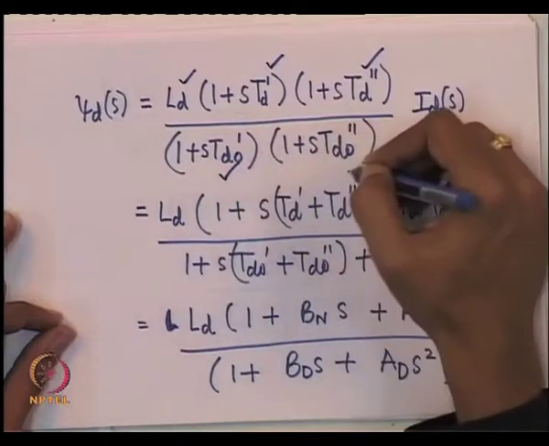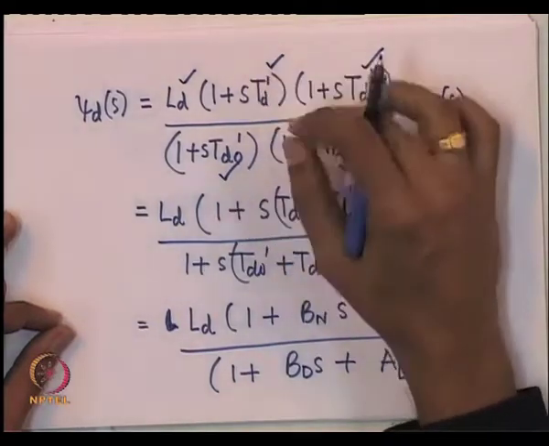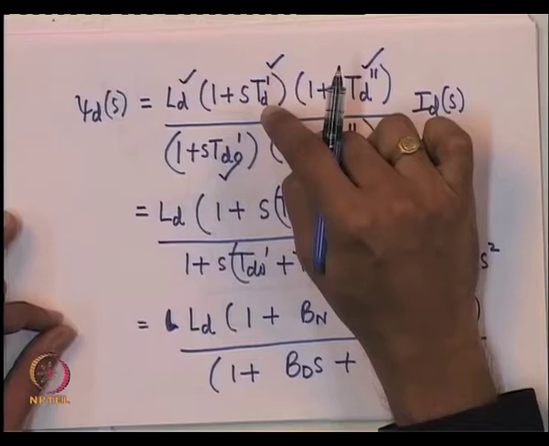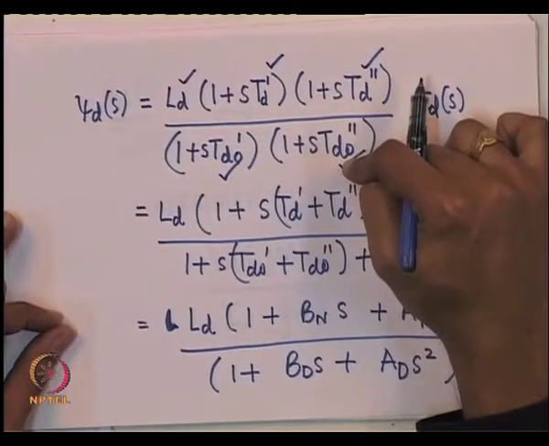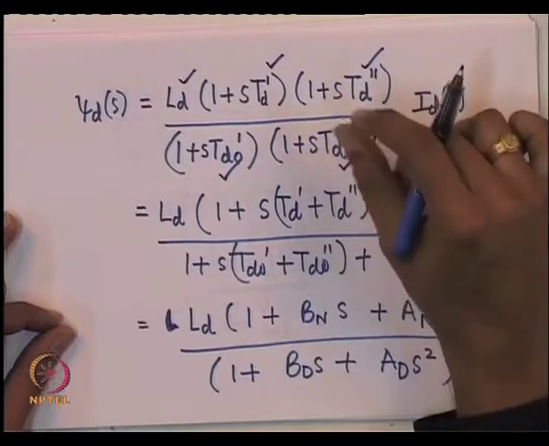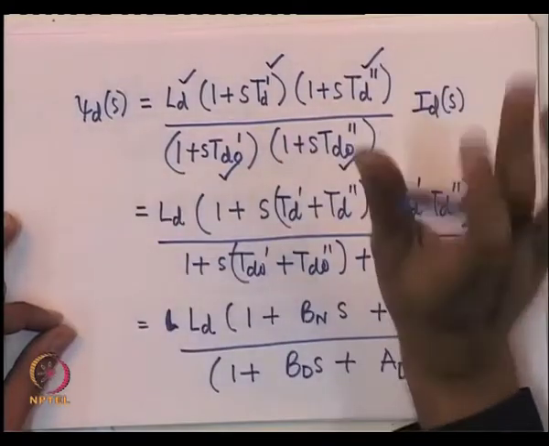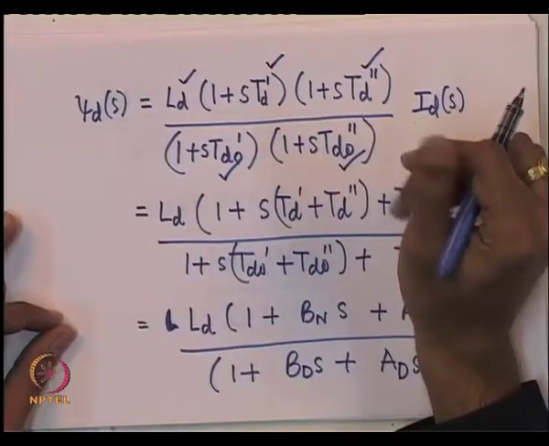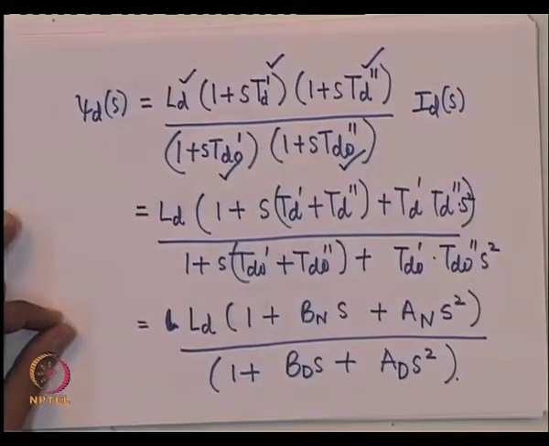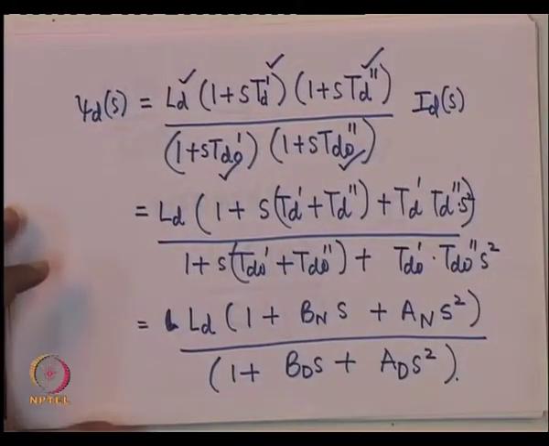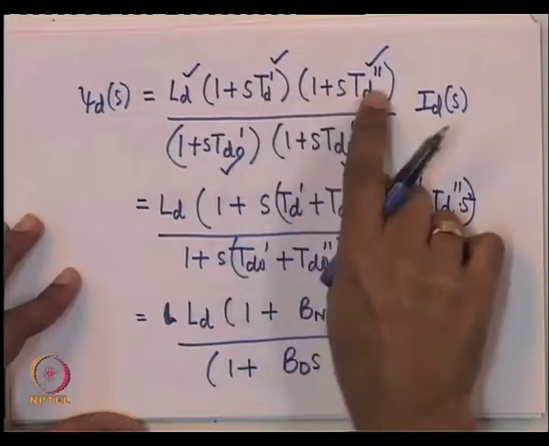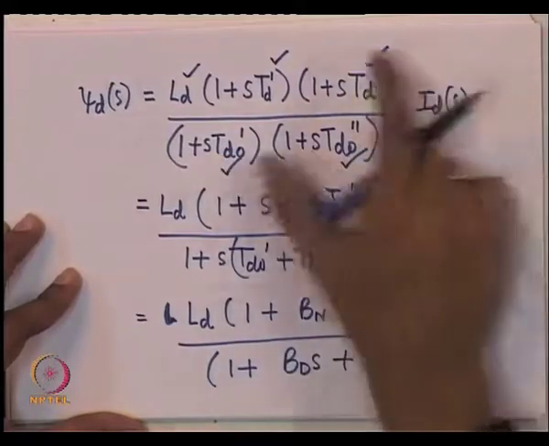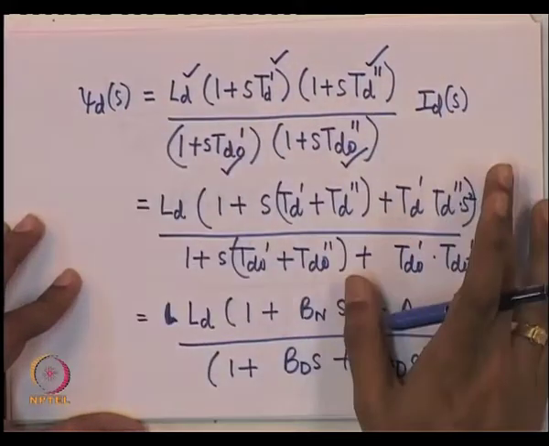In fact, this fit may not be exact, but you can always tune these values of T D dash, T D double dash, T D 0 dash and T D 0 double dash. Okay. Tune them in such a way that they match with what is obtained by doing the experiment. So, we have got the transfer function psi ds upon I ds from experiment, okay, and we are tuning the parameters of the model, so that the model and the experimental data match.